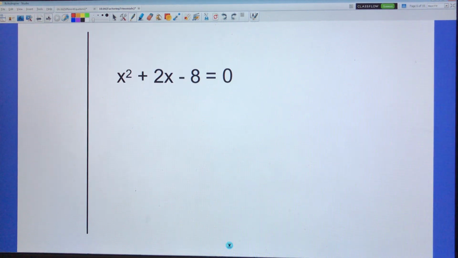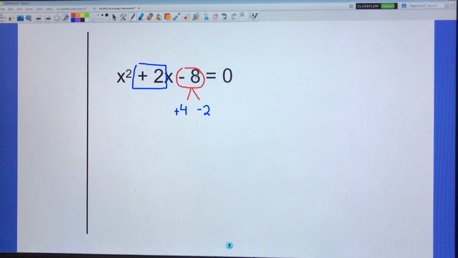Alright, so let's try another one. This one's a negative 8. So again, I'm trying to make a positive 2 come out if I add them up. My combination is going to be positive 4 and a negative 2.